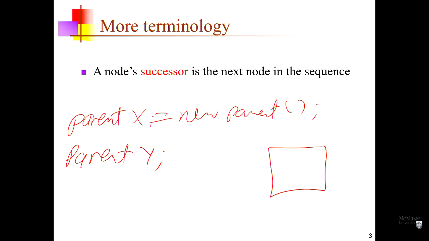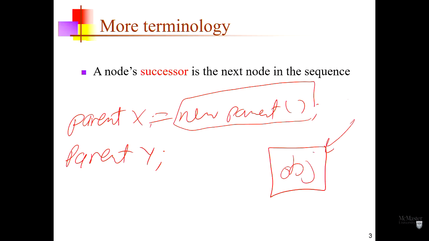What is the difference between the first one and the second one? In the first one, using the word new, you are creating a place in the memory, an object of type Parent, and you are making X a reference to this object in memory. Good? For Y, we didn't create any object yet. So we have a reference called Y, but it's not pointing to anything. If later I said Y equal X, what would happen? You are making this Y reference point to the object, right?